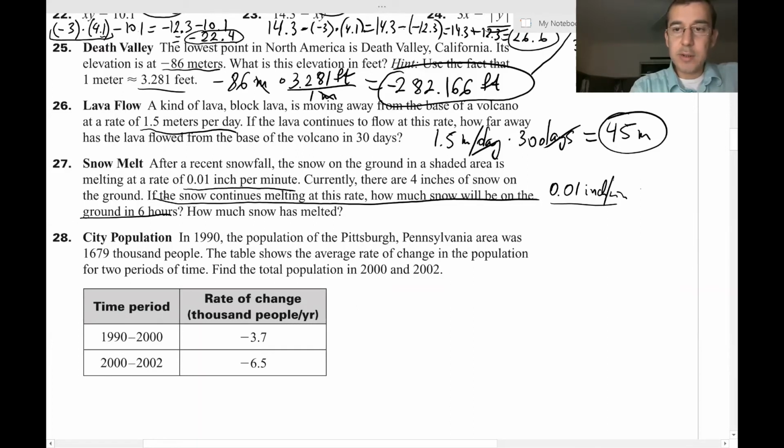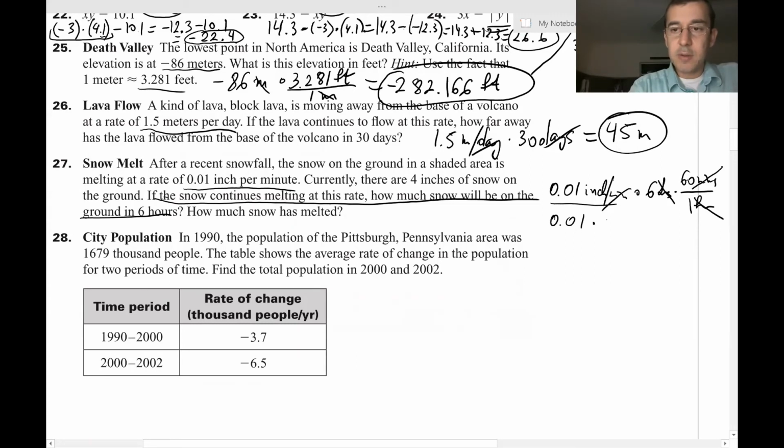So this is the rate times 6 hours. Well, we need the minutes to cancel out. So 1 hour has 60 minutes. So the hours and hours cancel out, and minutes and minutes cancel out. So we have 0.01 times 6 times 60.